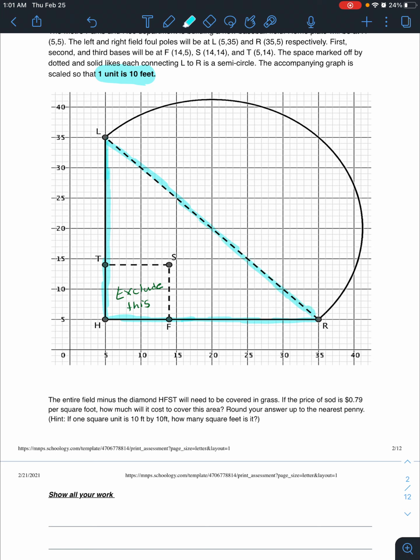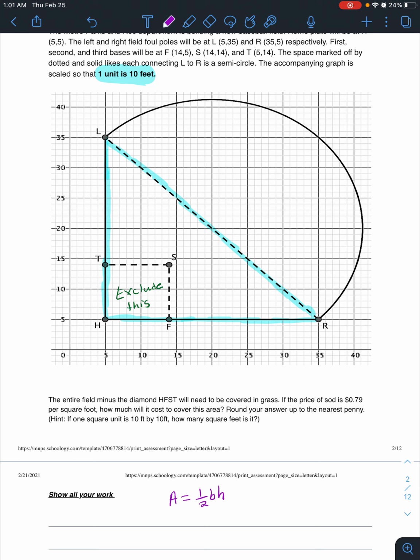And if you find the area of this triangle, just remember that you're probably going to have to find the area of the square as well because you're going to have to subtract it. So let's just talk about units for a second. So from my experience, I'll just do the first area and I'll let you do the rest. So area of a triangle is 1/2 times base times height.